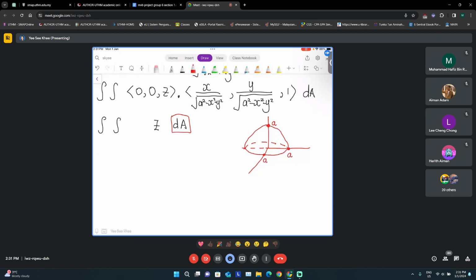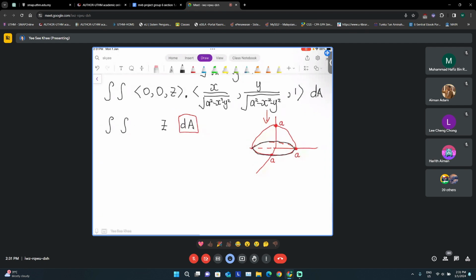If we want to define the dA, we have to refer to projections. The easiest will be the XY projection because we can see a circle here, very clearly a circle with radius a. Let's pick polar coordinates.